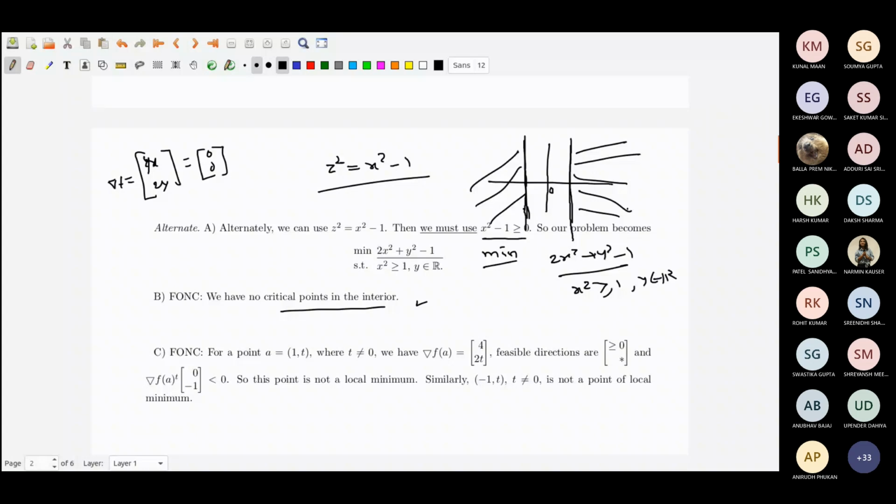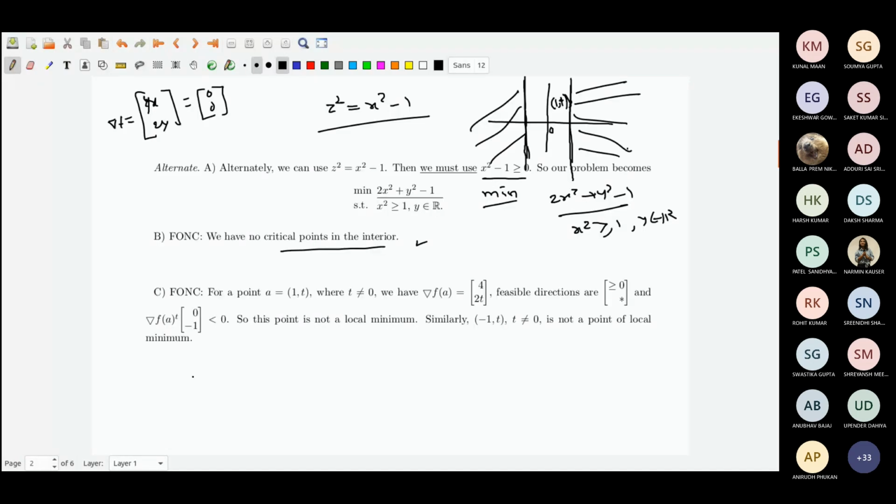And what happens at x equal to 1? There are many points with x equal to 1. For example, I can have a point of the form 1 comma t, where t is not equal to 0. Let me first take that. Now, if t is not equal to 0, what does the first order necessary condition say?